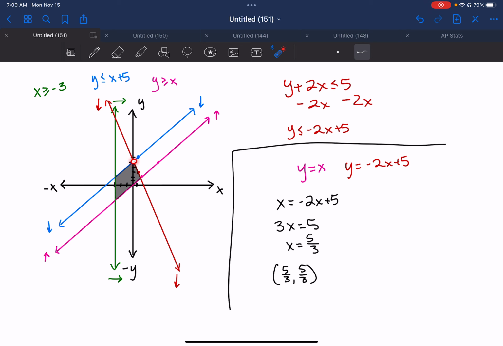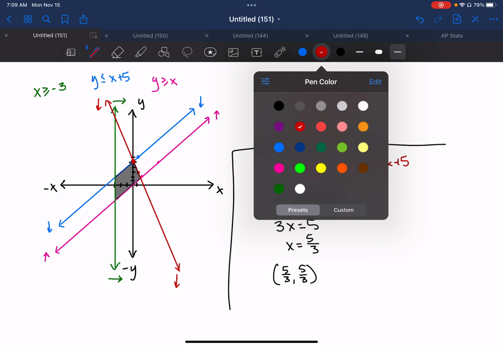Some points are given to you because of the information that you're given in the equations. Others are just given to you by logic. Like this point here, the blue and green equations. So I have x equals negative 3 and y equals x plus 5.